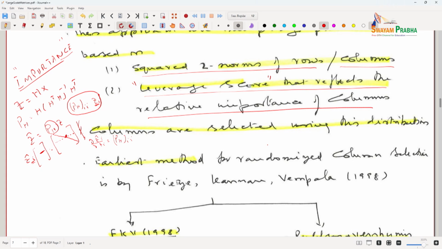So, I can pick the columns based on these 2 quantities. Computing the leverage scores is not easy, we have to compute different things, but square of the norms can be readily computed.